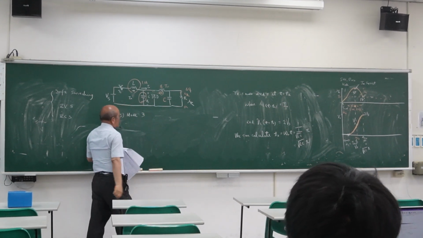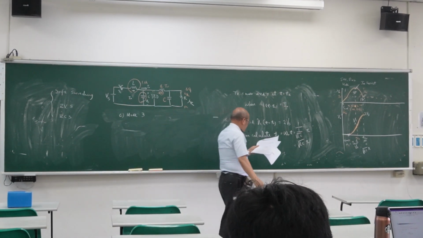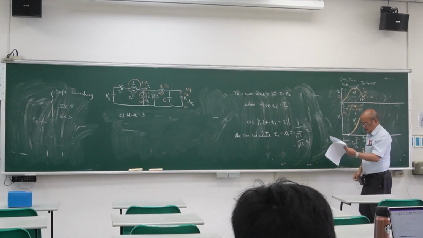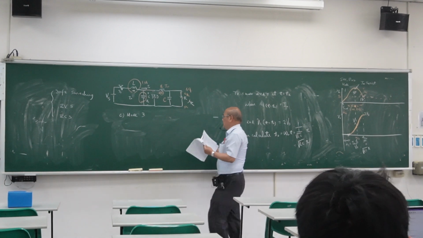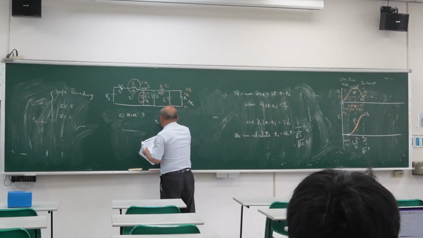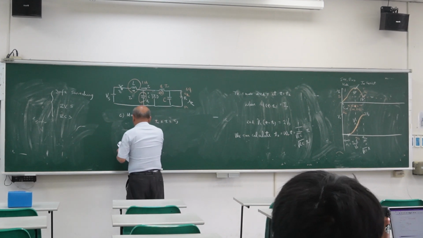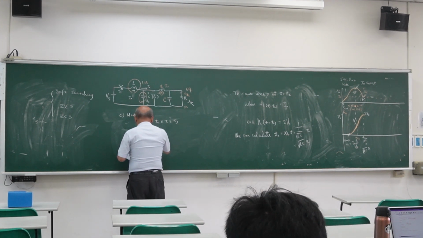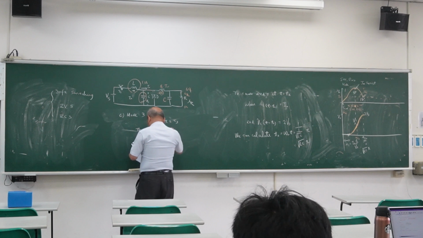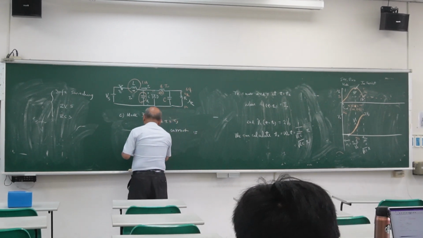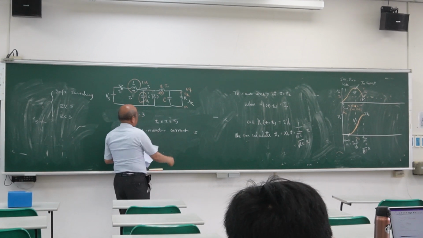So what is mod 3? Mod 3 is from here to here. So it is from t2 to t3. So the inductor current is IL.